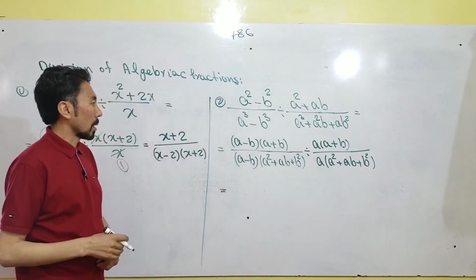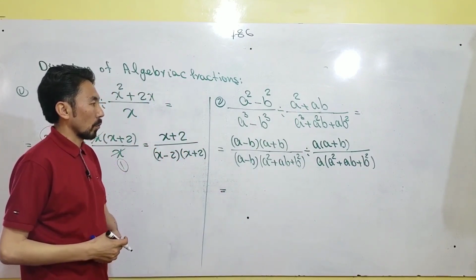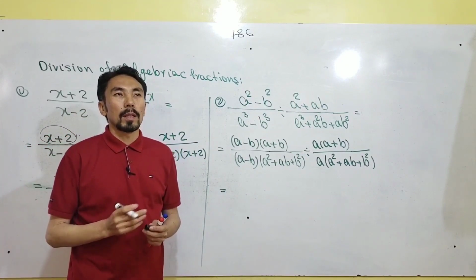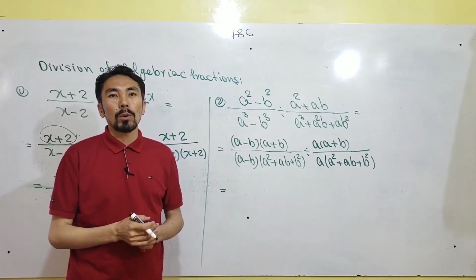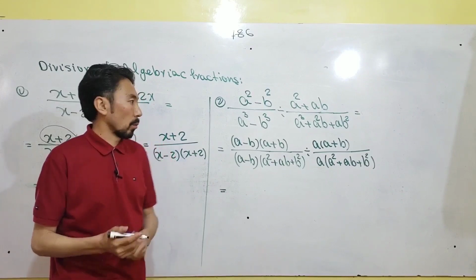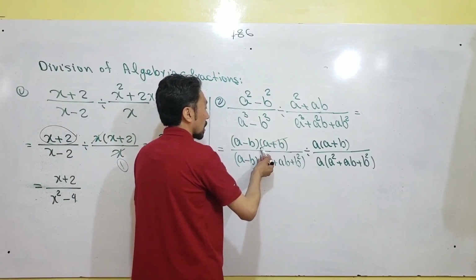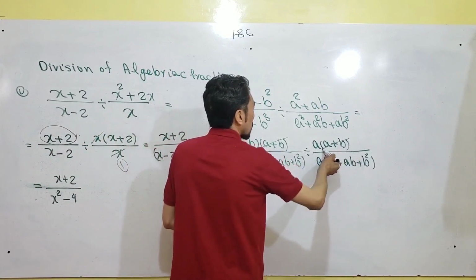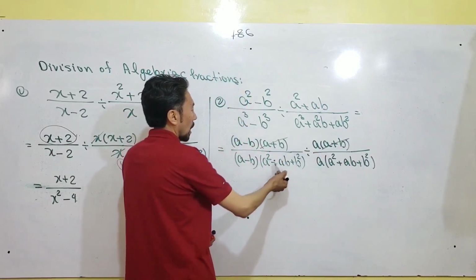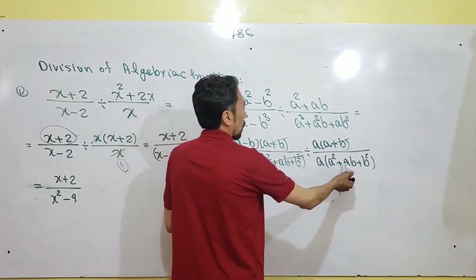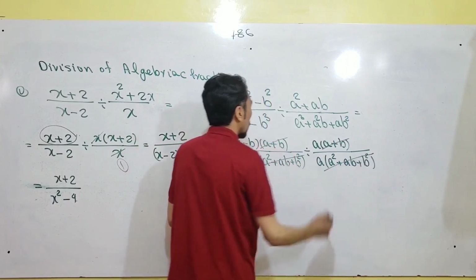You should remember and never forget that in division you can cancel every numerator by numerator and denominator by denominator. For example, we can divide x plus b divided by a plus b, or a squared plus ab plus b squared divided by a squared plus ab plus b squared.